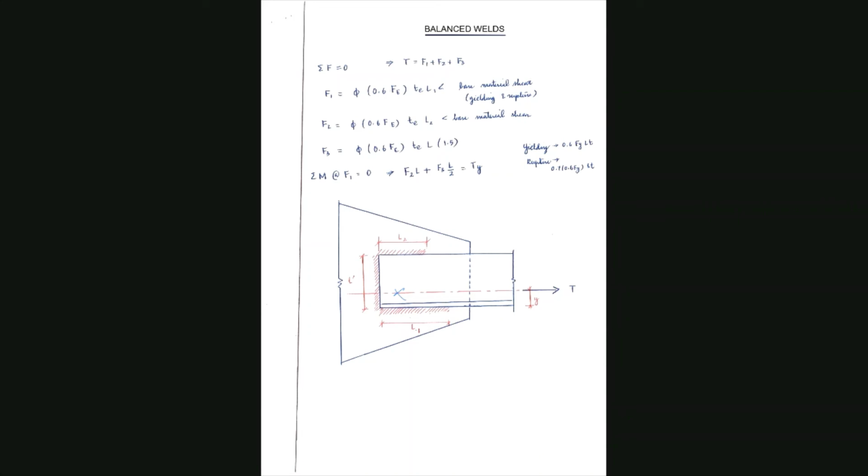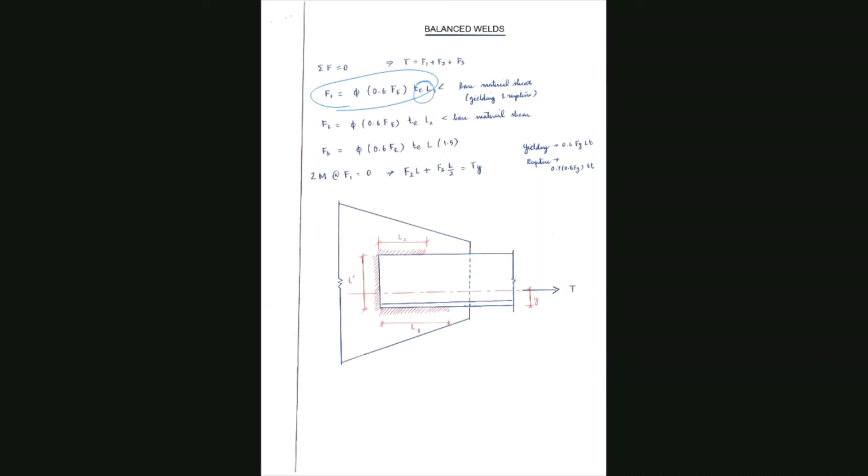So you have F1 acting in this direction, and say F2 acting in this direction, and F3 acting in the opposite direction. So your F1 is equal to phi 0.6 F_e times the effective throat times the area.